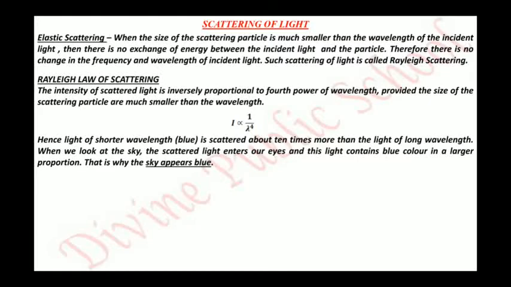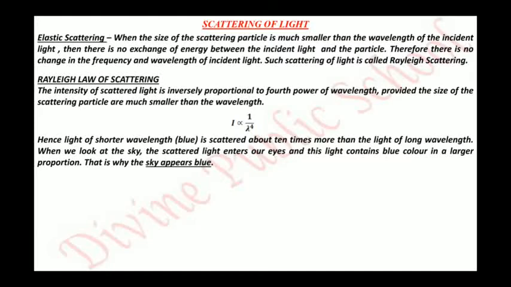What happens when sunlight passes through the atmosphere? It strikes the molecules of the gases present in the atmosphere. Since blue region light, meaning violet, indigo and blue, has less wavelength, it scatters the most. The scattered light is everywhere in the sky.